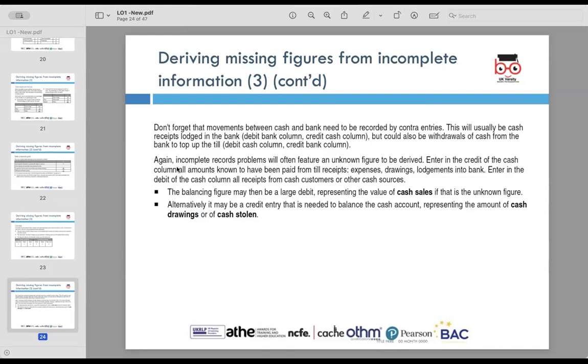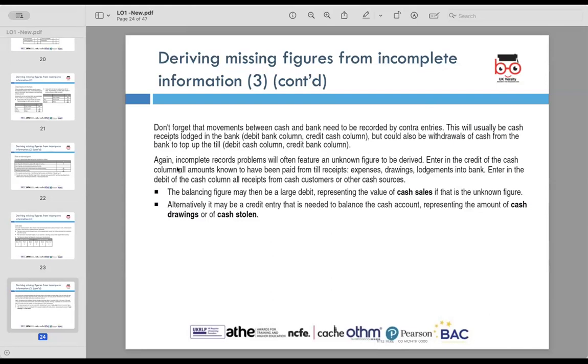Importance of accuracy: accurate recording of contra entries ensures that cash and bank balances reflect actual transactions, supporting financial transparency and decision making within the business.